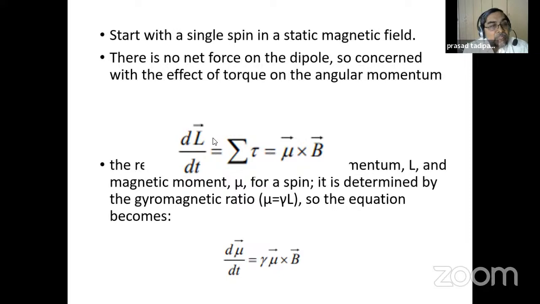That torque you can calculate using dL by dt equals the sum of tau, which is mu cross B. Here L is the angular momentum and mu is the magnetic moment, and for a spin, mu is gamma L, where gamma is the gyromagnetic ratio. So the equation becomes d mu by dt equals gamma mu cross B.